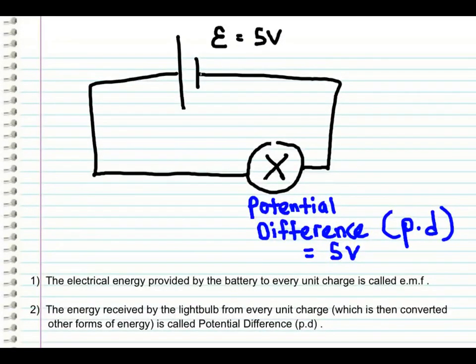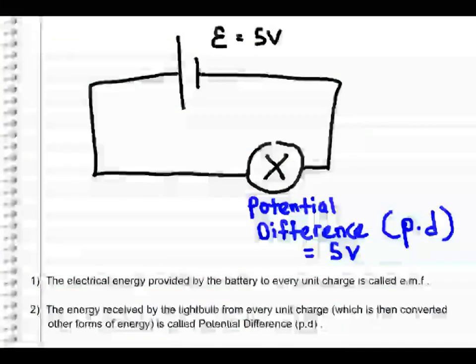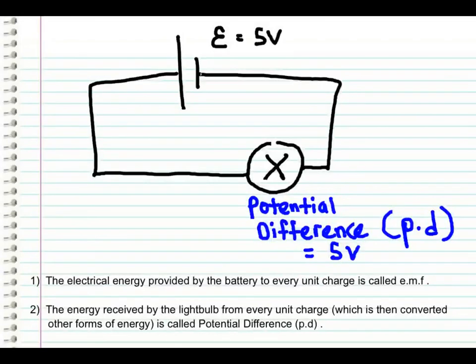Recall that the electrical energy provided by the battery to every unit charge is called the EMF. And the energy received by the light bulb from every one of these unit charges, which is then converted to other forms of energy, we call it potential difference.